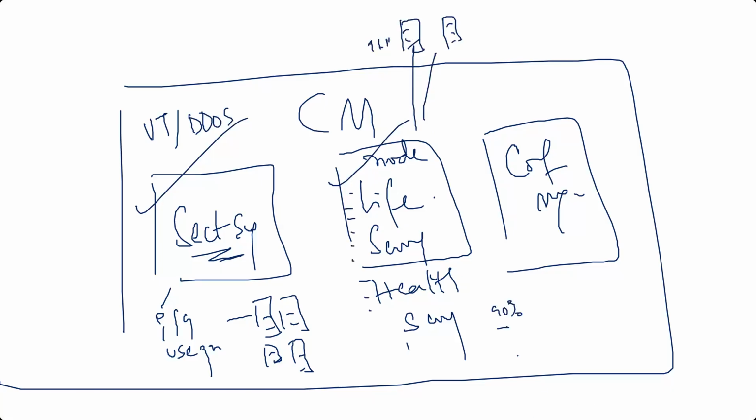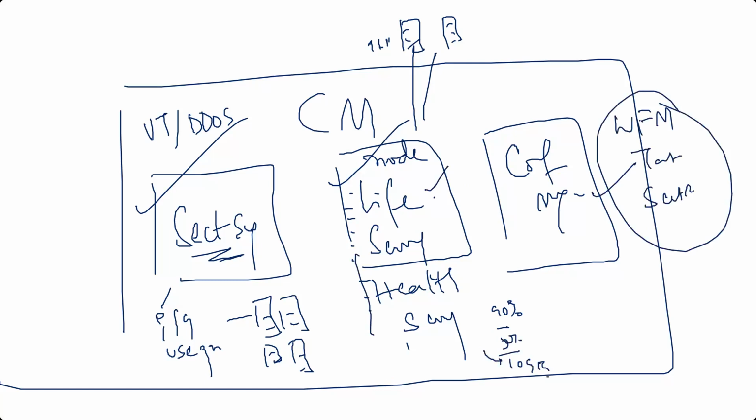If the CPU utilization or RAM utilization is hitting more than 50%, add additional 10 GB RAM. You can write those rules in the health sensing module. And in the configuration module, all the workflow management, all the life sensing tasks, security management rules will be executed. Okay. So this is the primary role of configuration management of Kubernetes.